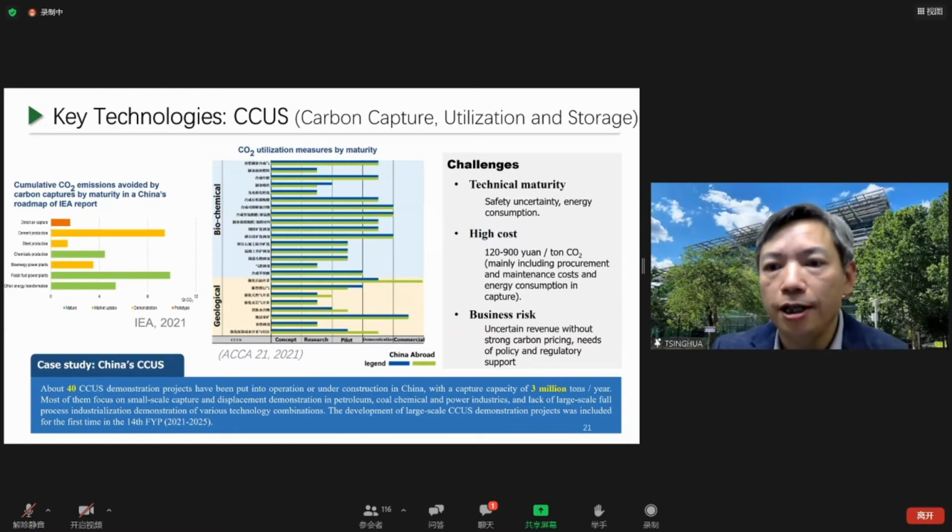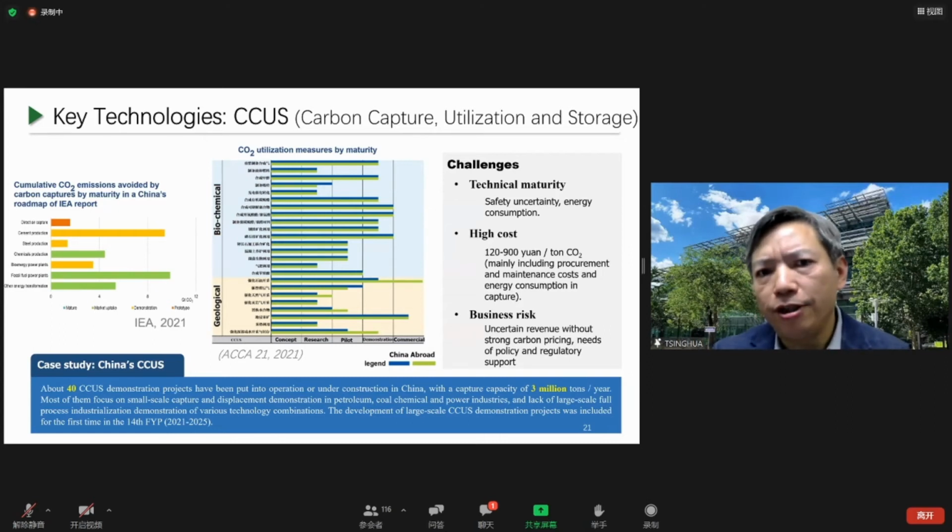For CO2 geological storage, the technology is already in pilot and demonstration stage, but its biochemical utilization in the chemical industry is more on prototype stage.